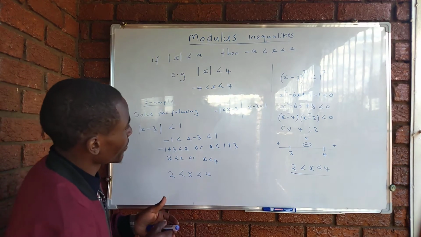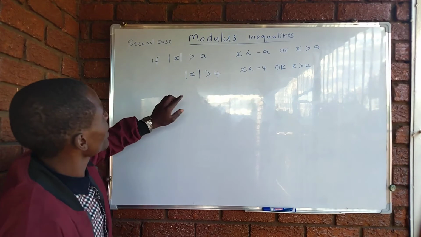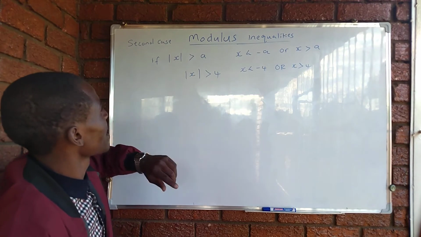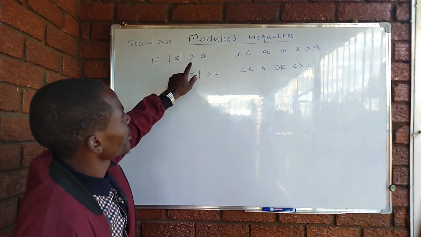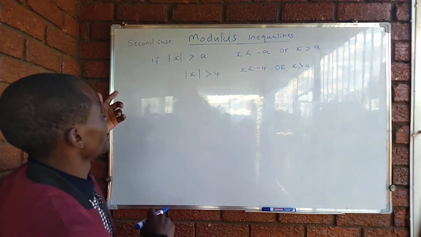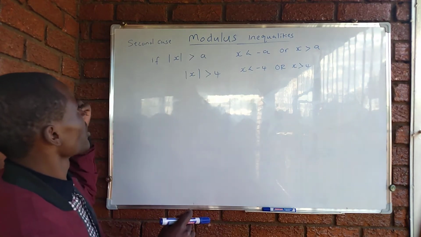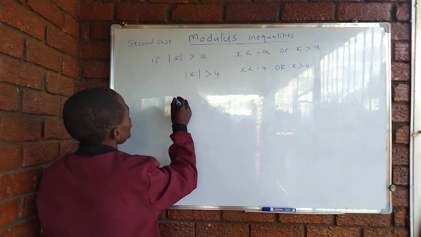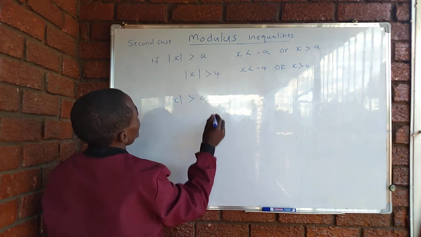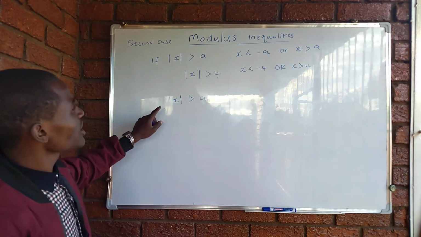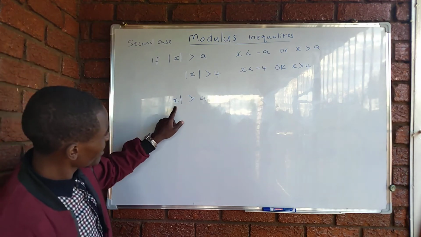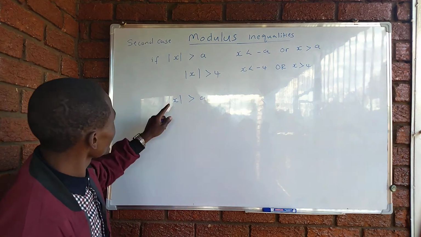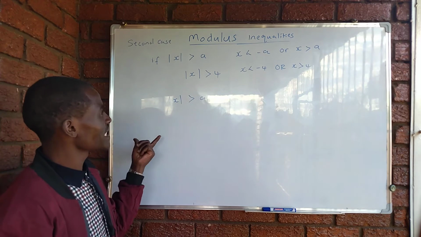Okay, so next example, right? Let's look at the second case; the previous case had less than. So the second case has a greater than sign here. So when it has a greater than sign, we solve differently from what we solved before. Here, what you do is modulus x greater than a. You recall what we learned in our earlier cases, that modulus x is equal to x if x is greater than or equal to 0. Then modulus x is equal to minus x if x is less than 0.